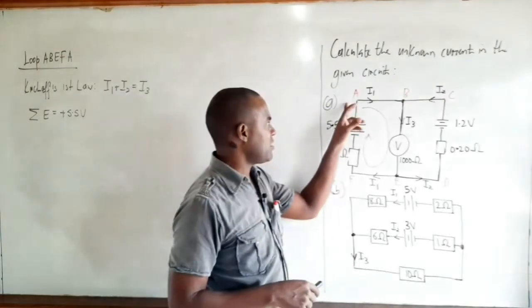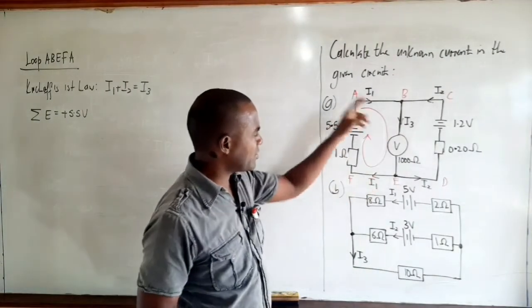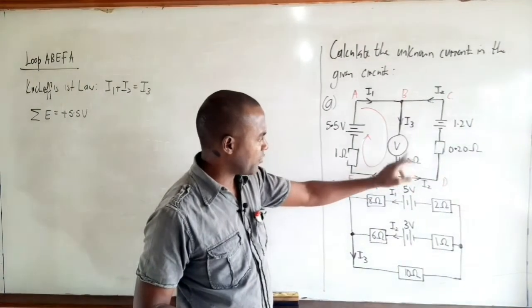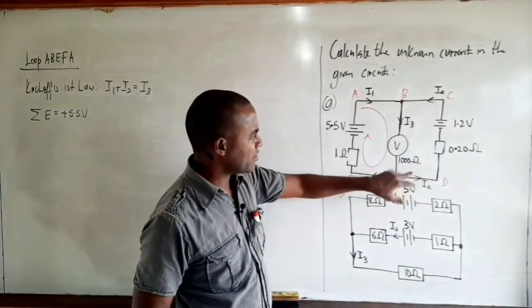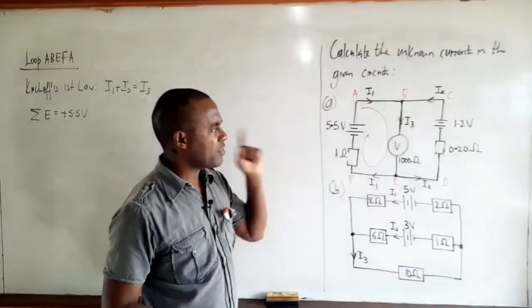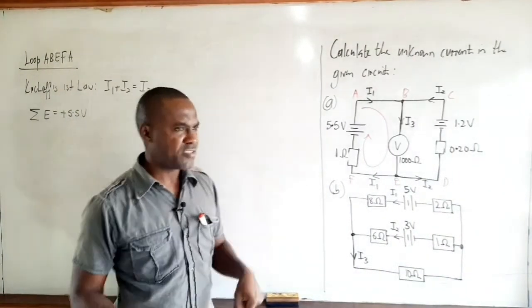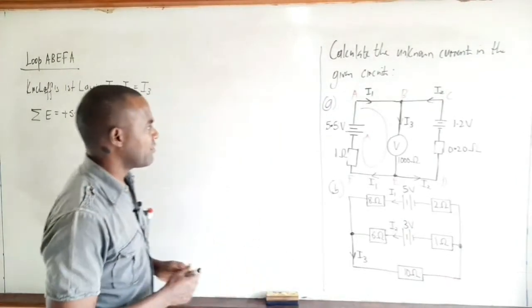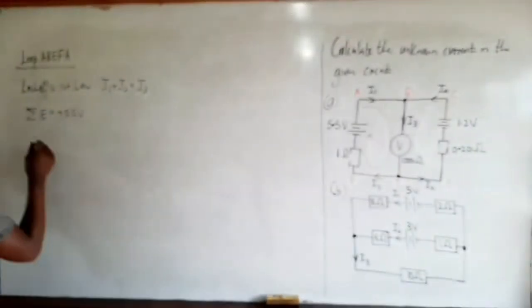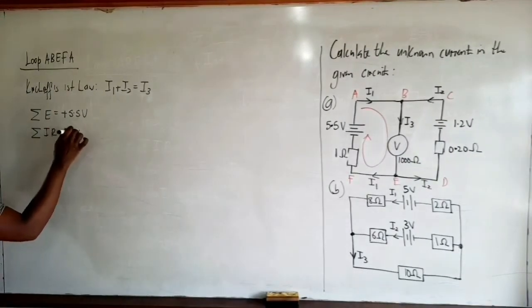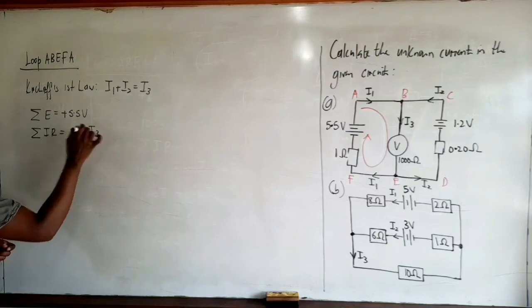Now starting at A and going around the circuit in a clockwise direction, we encounter this 1000 ohm voltmeter, which is resistance, and through it is flowing the current I3. Because the current is flowing in the same direction that we're traversing the loop, it is treated as a positive current. And so we have sum of IR is equal to 1000 I3.